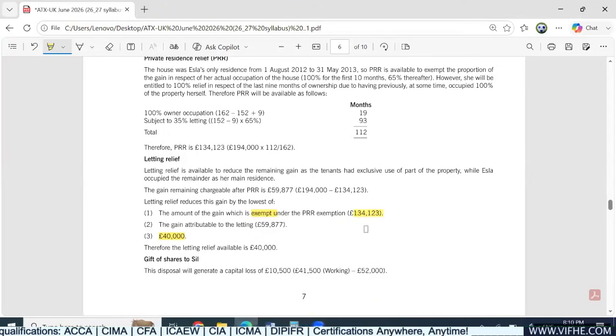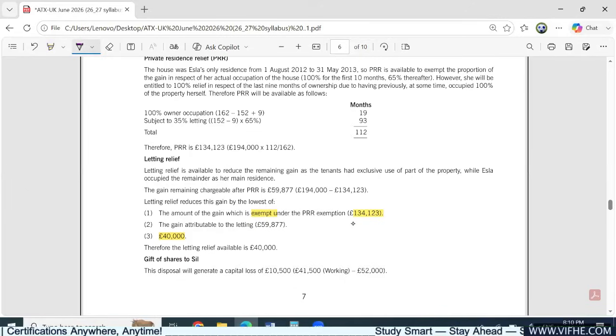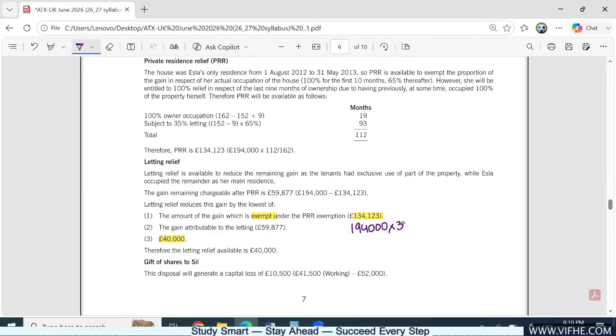And we need to see how much of the gain is relevant to the period in which the property is let out. So it's simply the gain figure they have told you, 194,000. Could you please tell me 35% of 143 months?